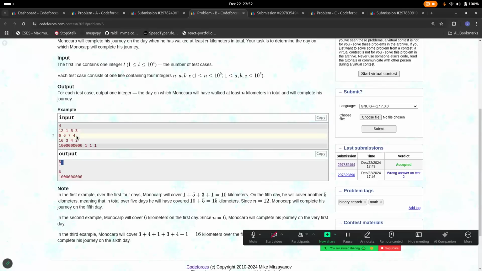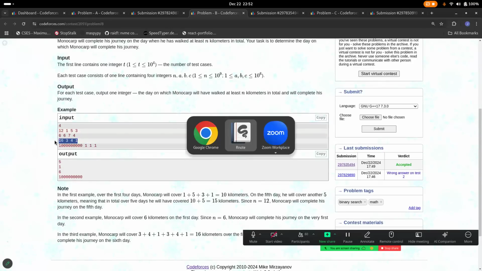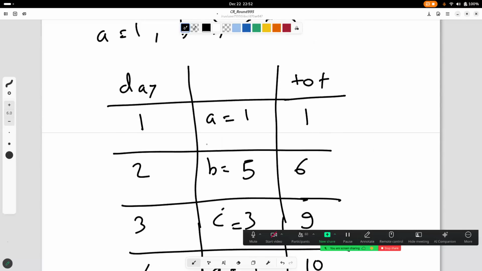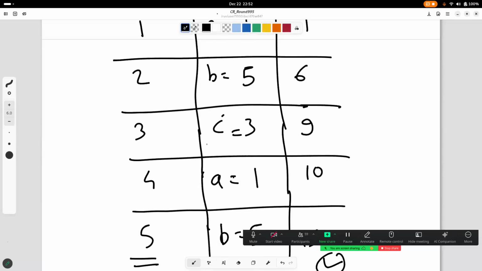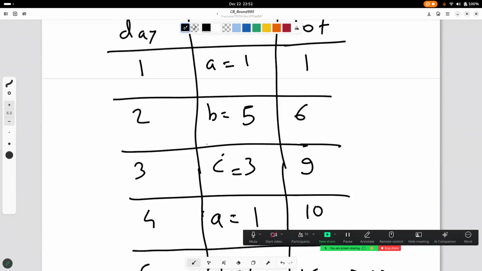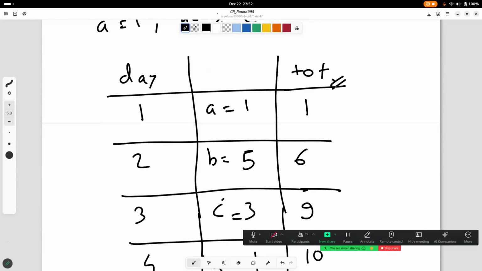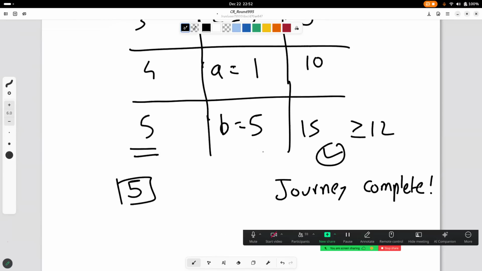The same process would repeat for all of these problems. Basically, you just start from day 1, you'd walk A kilometers, then B kilometers, then C kilometers, then A, B, C, and so on, and you'd keep doing this until the total cumulative number of kilometers you have walked becomes equal to or exceeds n.